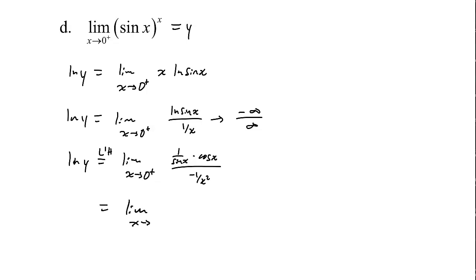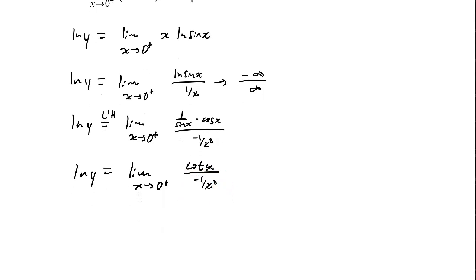Cosine over sine is cotangent. I don't really want to do the derivative of this if I have to. And if I rewrite this, because the derivative of cotangent is negative cosecant squared, but if I move this to the denominator, move up my 1 over x squared, this can allow me to get to negative x squared over tangent of x.